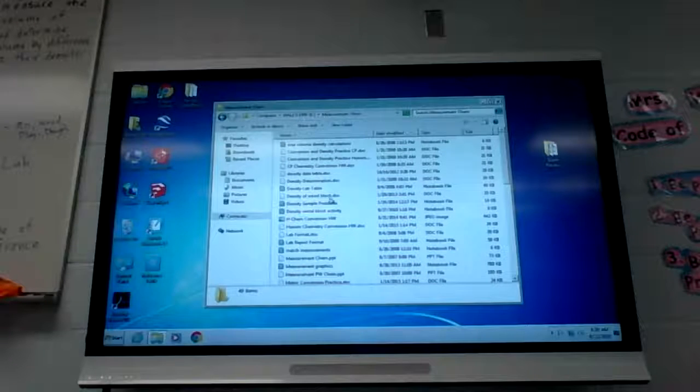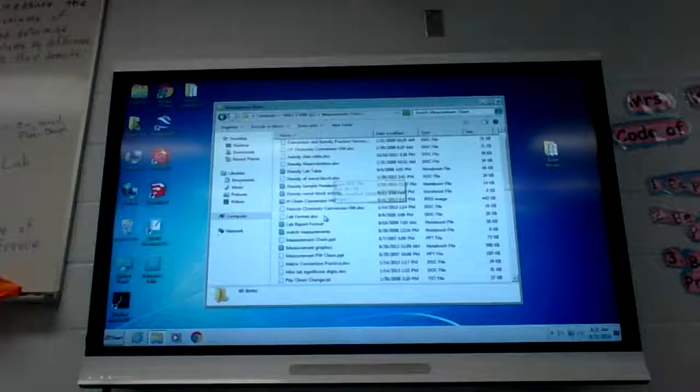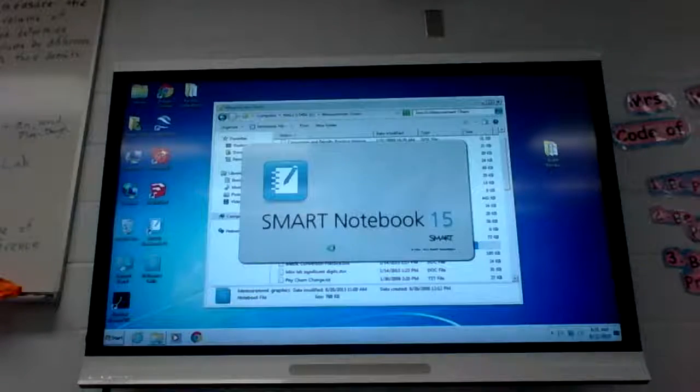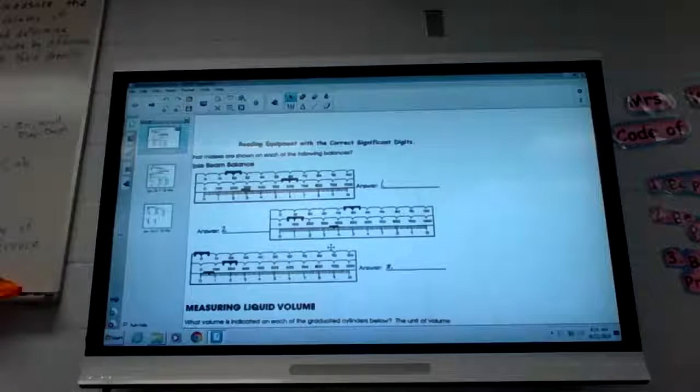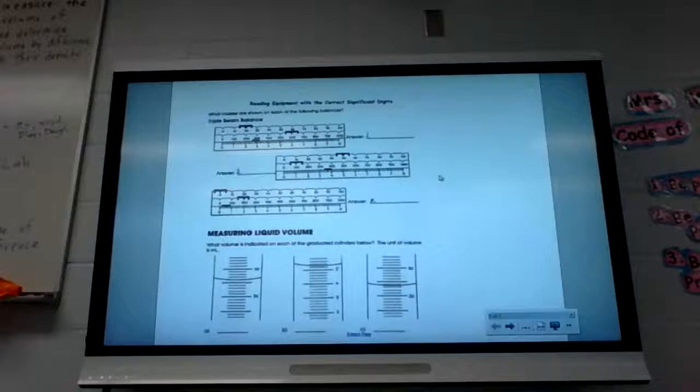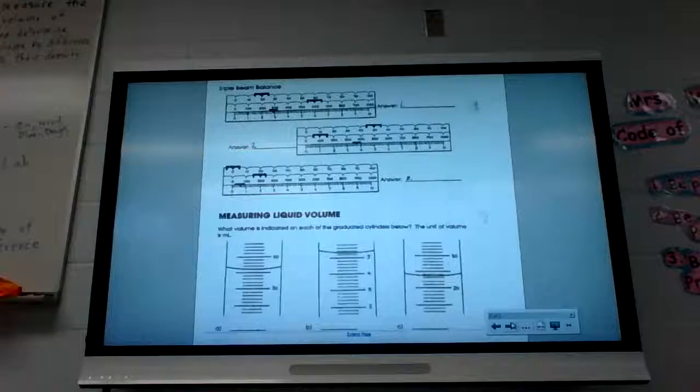All right, so I'm going to pictures of where are they at? Nope, measurement graphics. All right, and these I know are not the best pictures. The only one that's really bad is the first one. Let's see here.